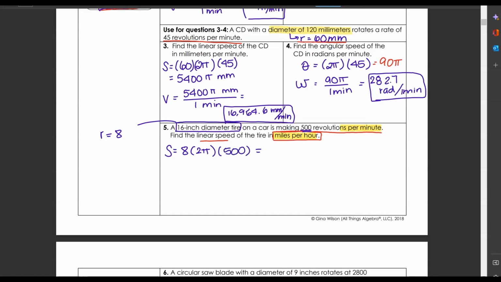When we multiply that out, we get 8,000 pi inches.